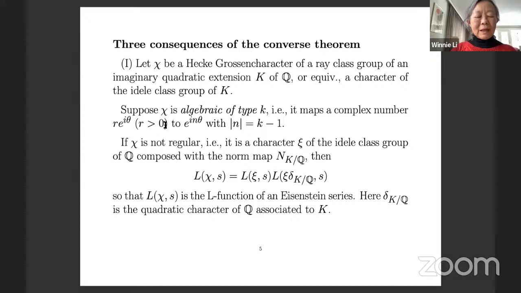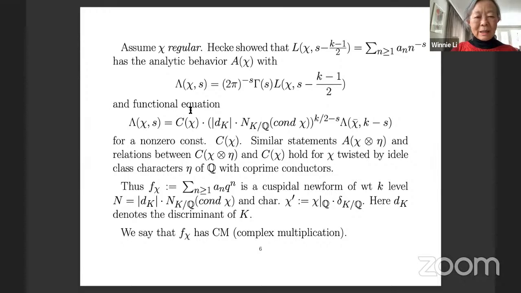If the character chi is not regular, that means it comes from a character c of Q composed with the norm from K to Q. In this case, the L function associated to chi decomposes as a product of the L functions of characters of Q: one associated to c, the other associated to c times the quadratic character of the extension K over Q. So this is the L function of an Eisenstein series, and we are not interested. So we assume that chi is regular.